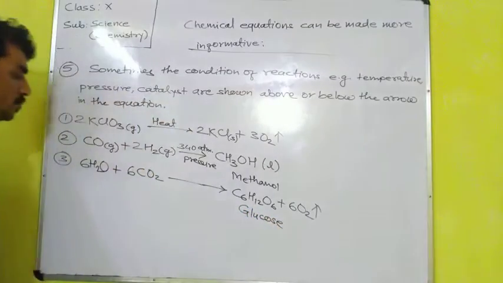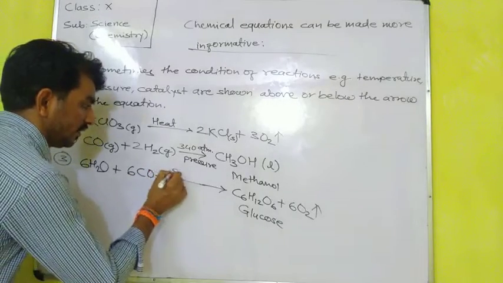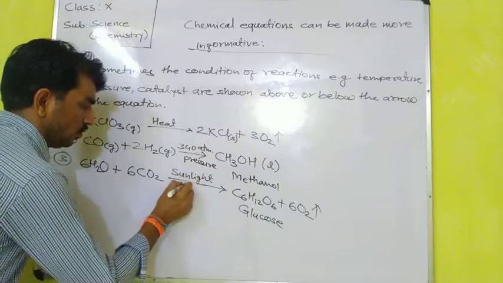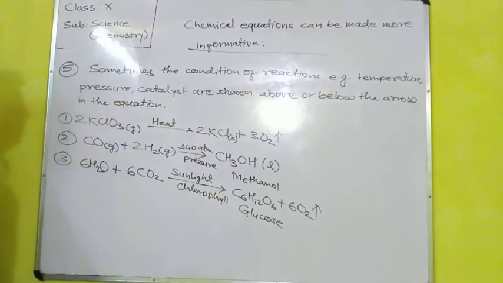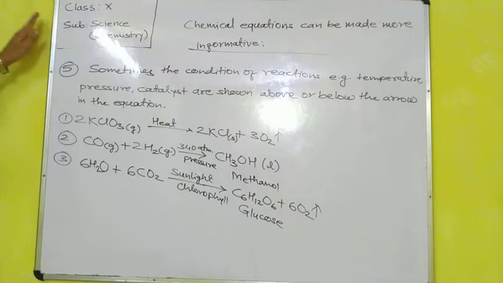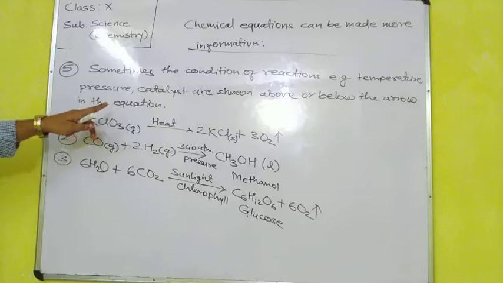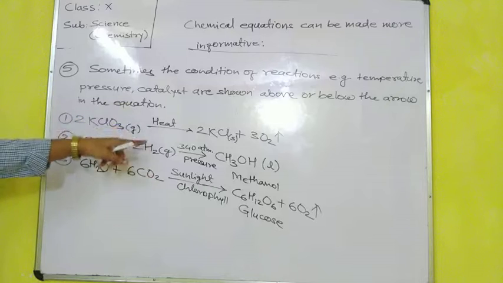In photosynthesis, carbon dioxide and water combine in the presence of sunlight and chlorophyll. So here sunlight acts as a catalyst. Clear? Then it forms glucose and oxygen. So pressure, catalyst, sunlight, temperature, heat are represented here.